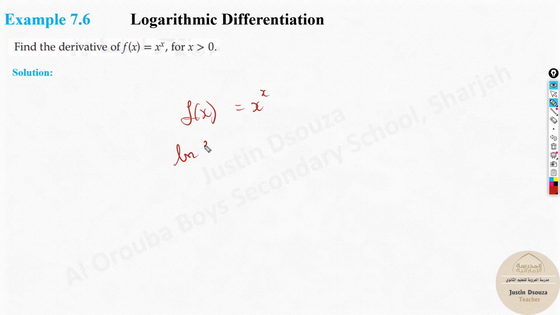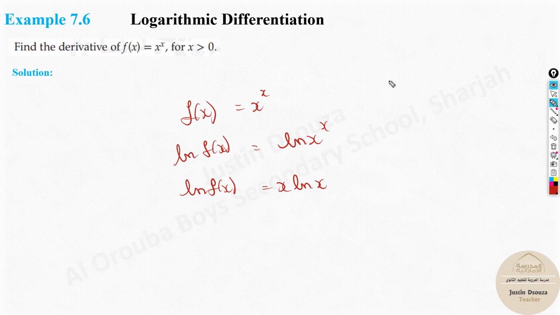Take ln f of x, that's the given function. That will be equal to ln of x to the power x. When you take ln on both sides, this power can come down. It will be ln f of x equals x ln x. Why? This is the property of log.